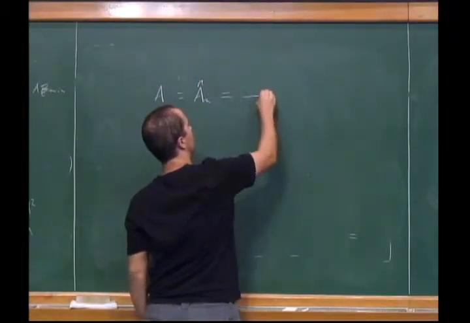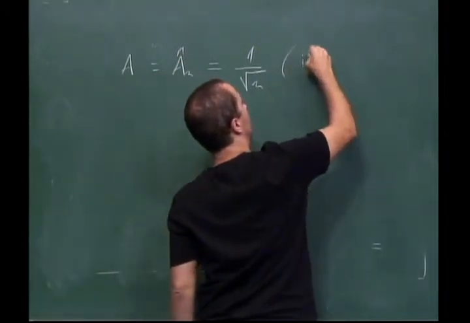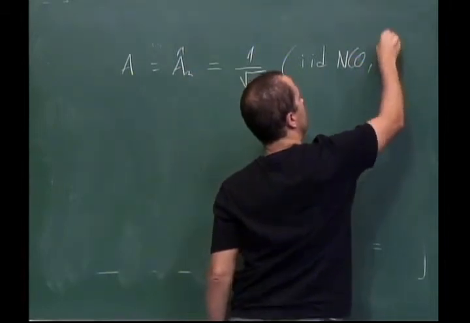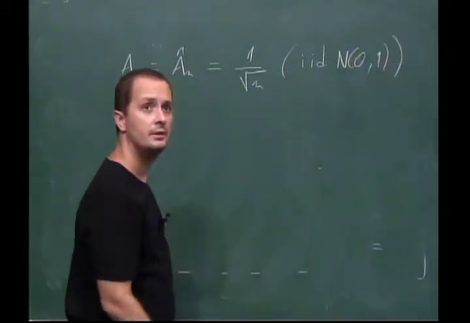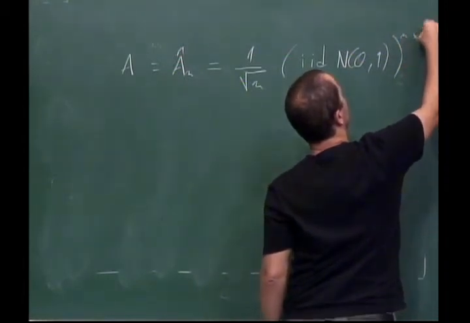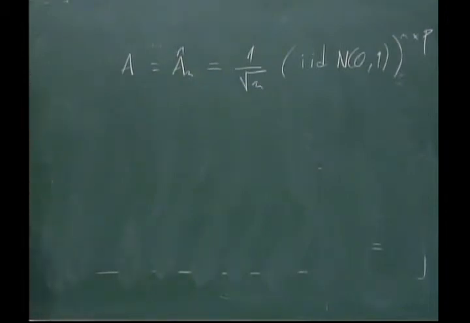You multiply by 1 over square root of n a matrix whose entries are all IID standard normals, and this is n times p. It's not symmetric, it's not even a square matrix, so it doesn't make much sense to talk about symmetry here.